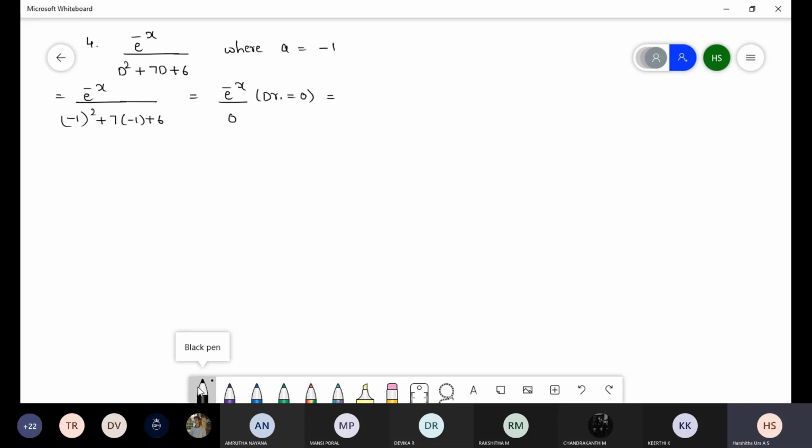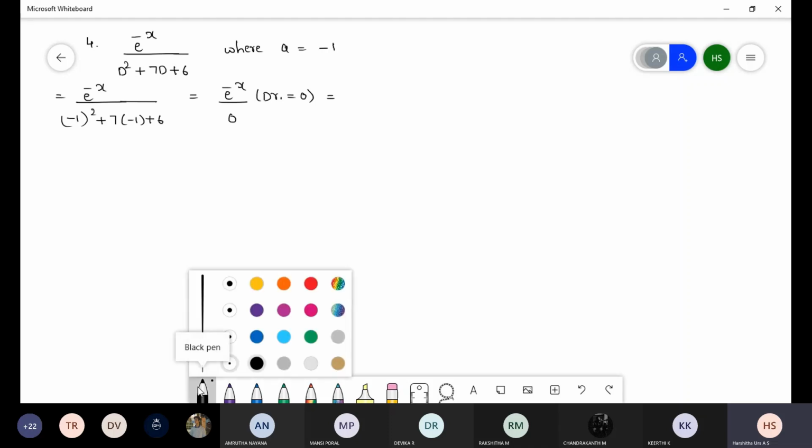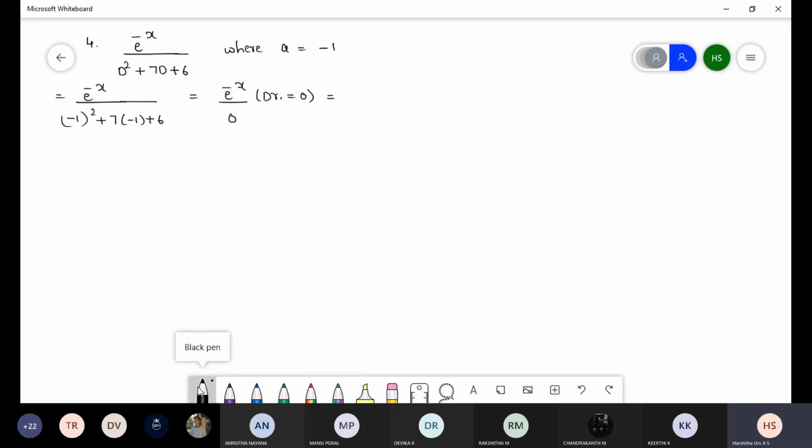So for this we have to apply the condition. When the denominator is equal to 0, first we have to write x, then the numerator e power minus x as it is, divided by the differentiation of this f of D. Differentiation of D square plus 7D plus 6 is 2D plus 7.